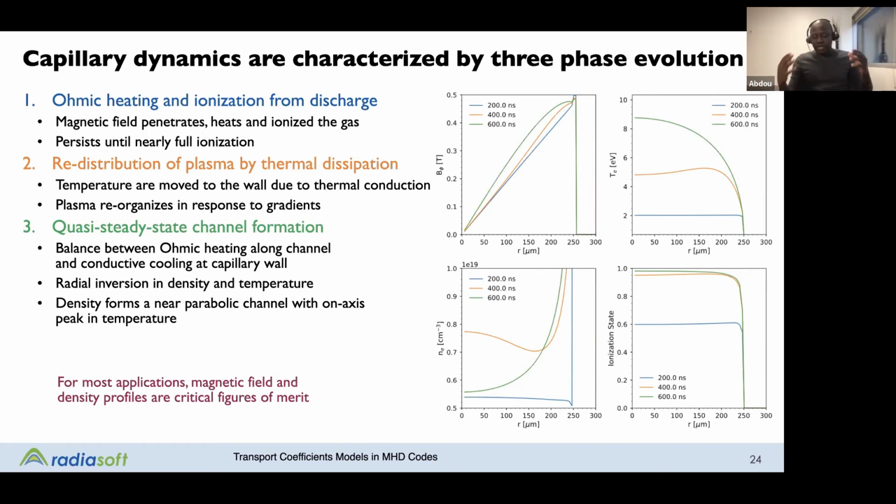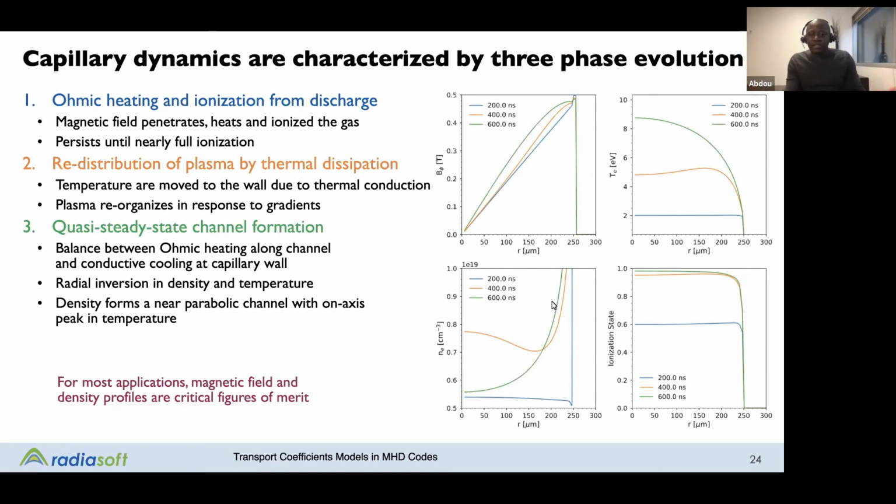These two physical phenomena, Joule heating and heat conduction, balance each other, and that creates a steady state and generates, for an ideal capillary, this very nice parabolic profile in green that can be used to accelerate or to guide an intense laser beam.